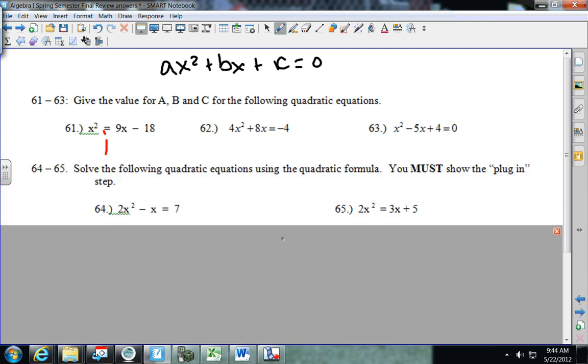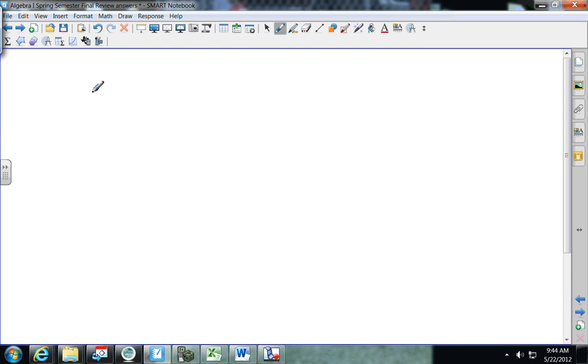Okay, the next ones. It says solve the following quadratic equations with the quadratic formula. You must show the plug-in step. Okay, well, let me write down the problem here. We had 2x squared minus x equals 7.